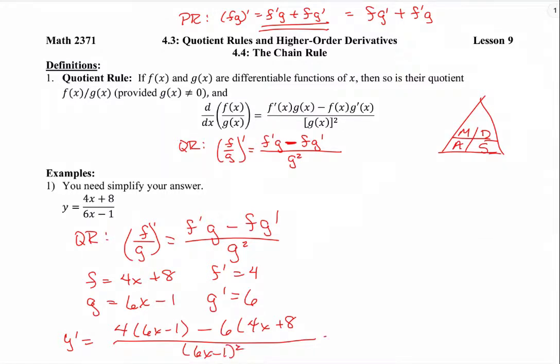Now, do not multiply the denominator out unless you just feel like doing that, but you don't have to. Now I'm going to distribute, so that's 24x minus 4 minus 24x minus 48, all over 6x minus 1 squared.